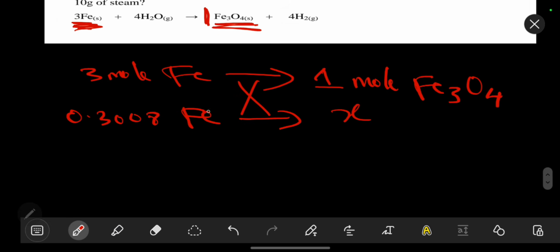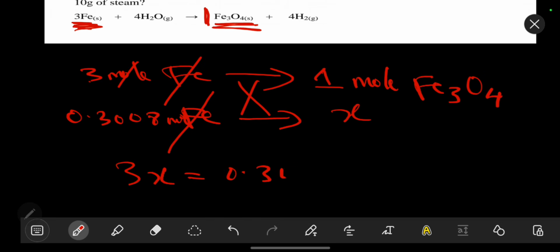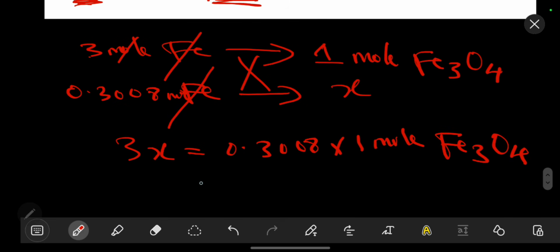You cross multiply. As long as they are on one side, we are going to cancel them. So 3 times x, it will be 3x should be equal to 0.3008 multiplied by 1 mole of iron trioxide.